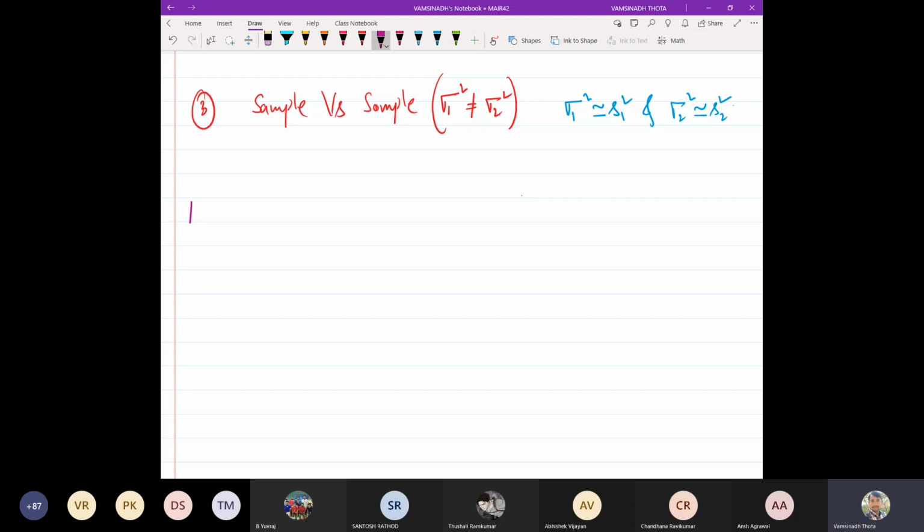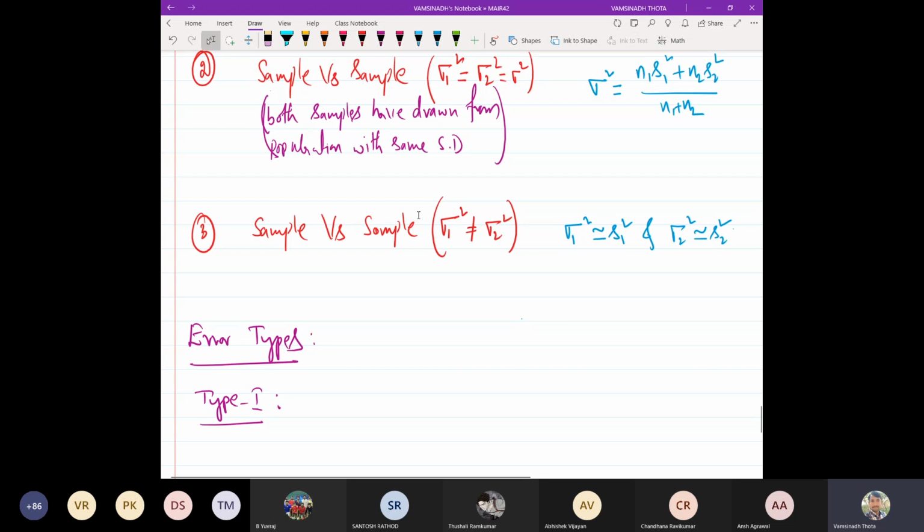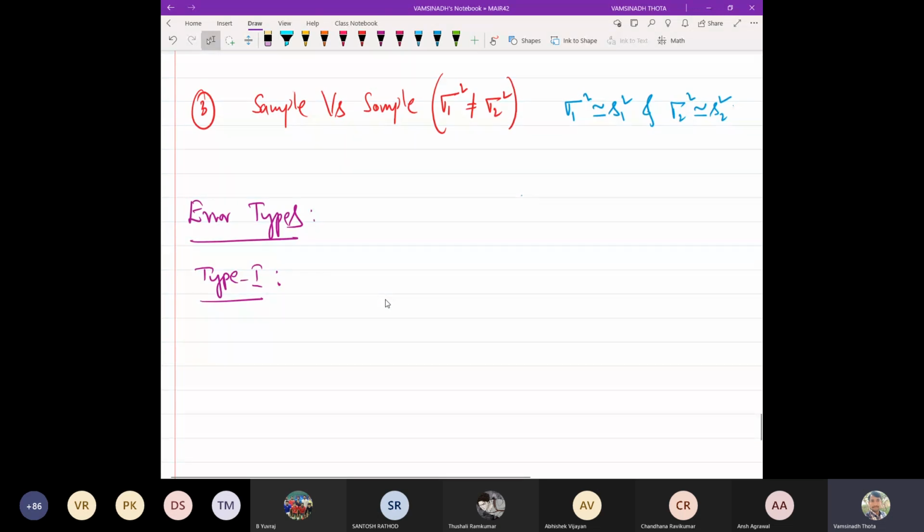There is something called error types. What are the error types? The first one is type 1 error. As we have mentioned, we define the test statistic, the null hypothesis and the alternate hypothesis. Based on the critical values, we need to give a conclusion whether to accept or reject the null hypothesis.